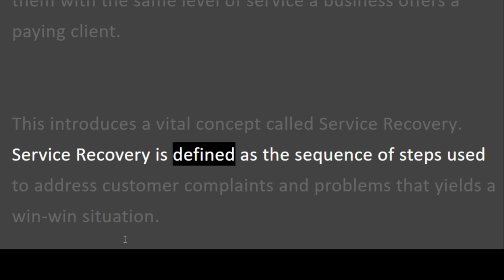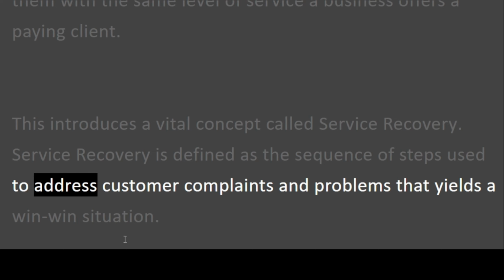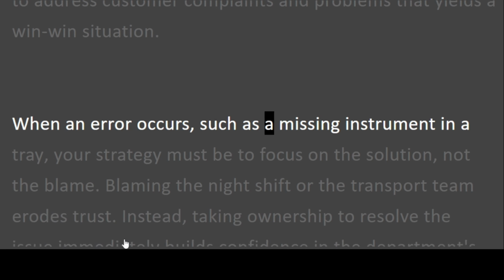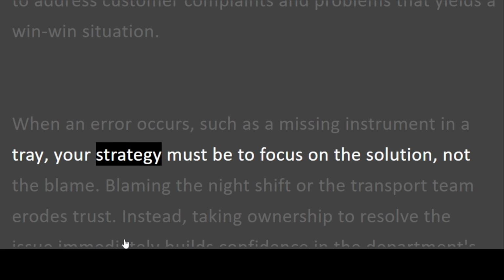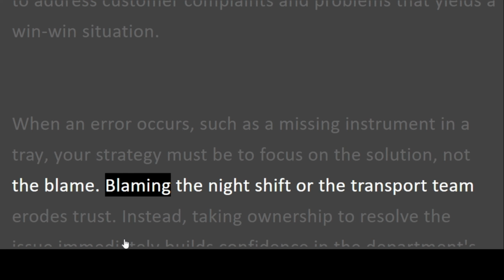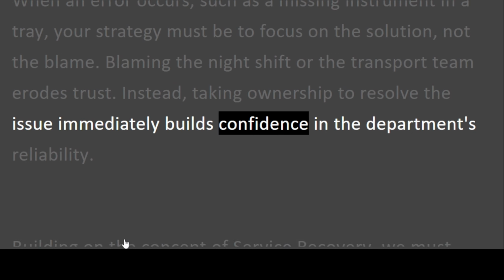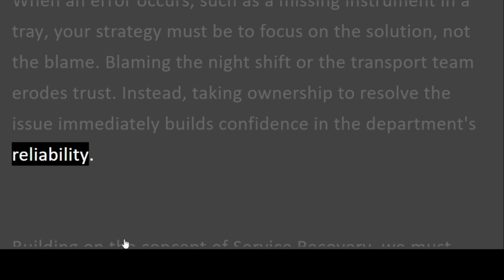Service recovery is defined as the sequence of steps used to address customer complaints and problems that yields a win-win situation. When an error occurs, such as a missing instrument in a tray, your strategy must be to focus on the solution, not the blame. Blaming the night shift or the transport team erodes trust. Instead, taking ownership to resolve the issue immediately builds confidence in the department's reliability.